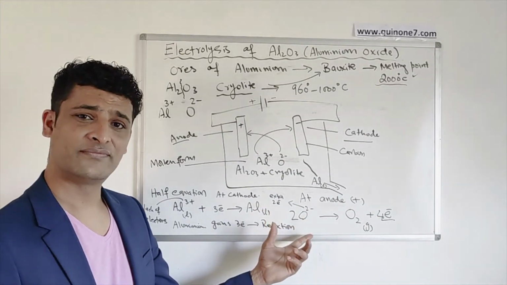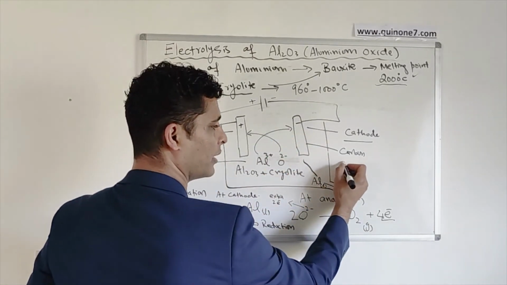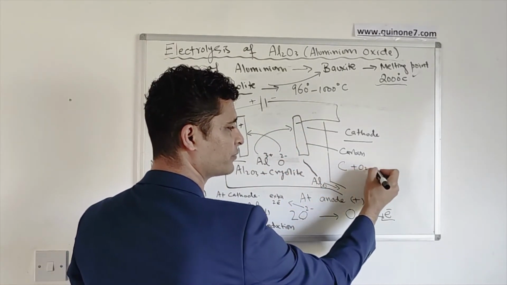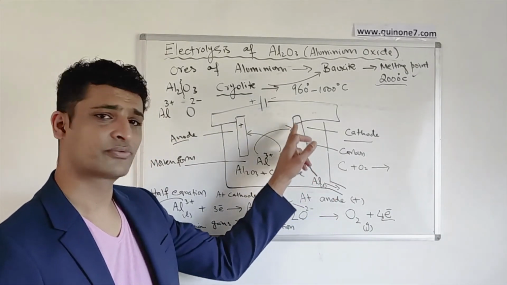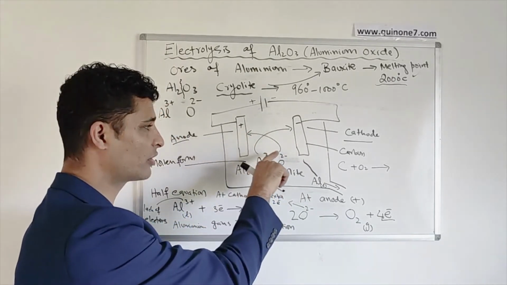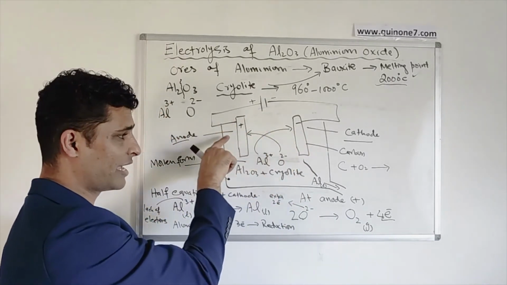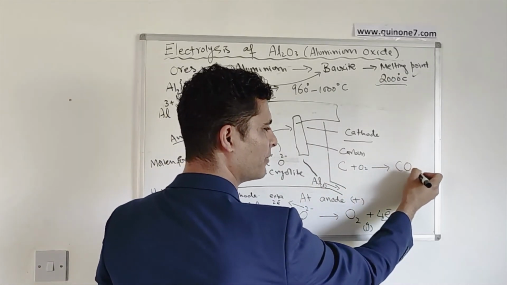The oxygen is very reactive. It's going to go to the carbon, and here it is going to react with the carbon electrode itself. It is not going to the cathode, it is going to the anode. So oxygen is going to combine with the carbon and produce carbon dioxide.